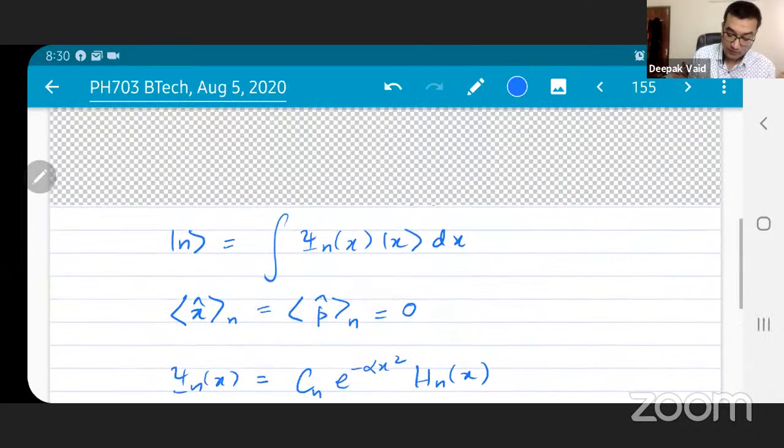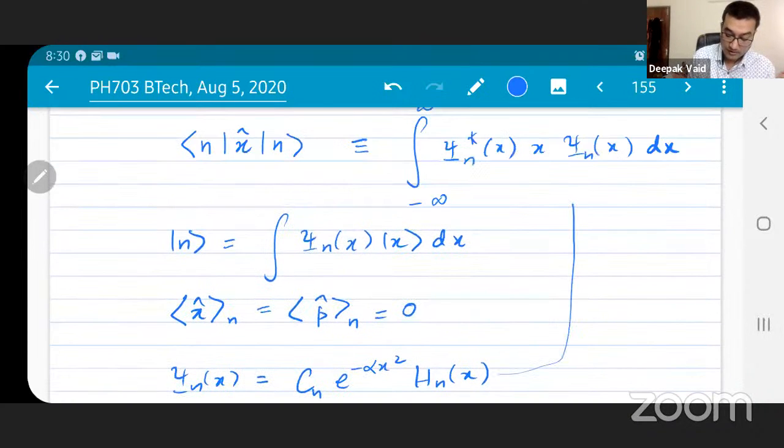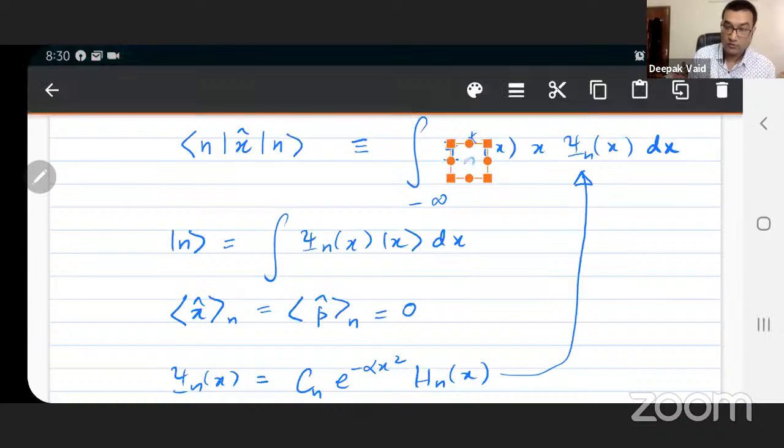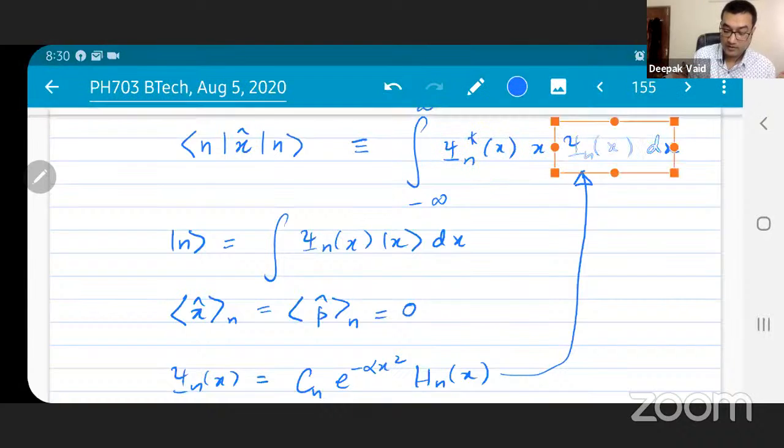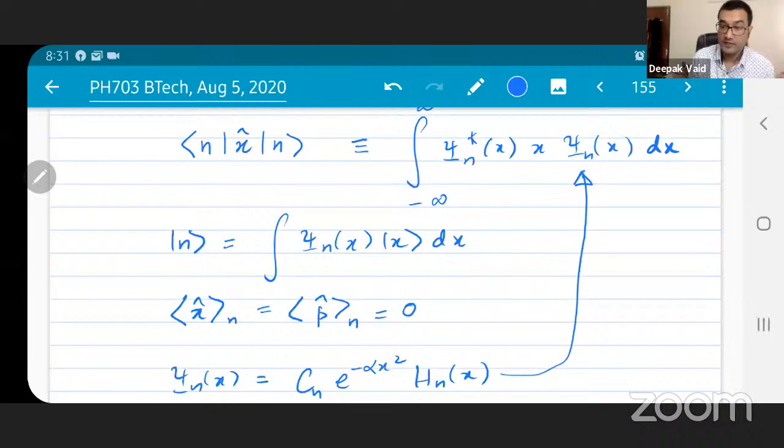You would substitute this into this integral, so you would have two Hermite polynomials, multiplied by x, and then integrated from minus infinity to infinity. You can imagine how tedious that process would be just to calculate this.